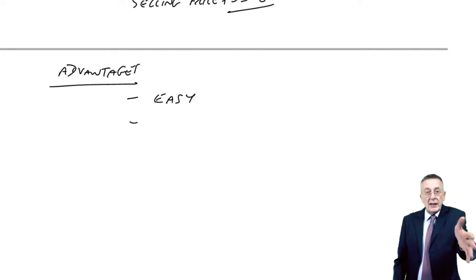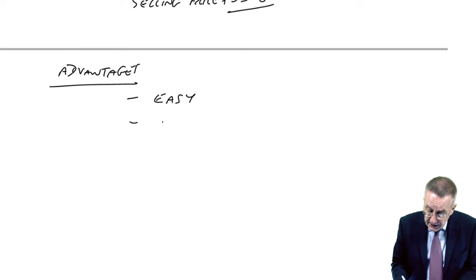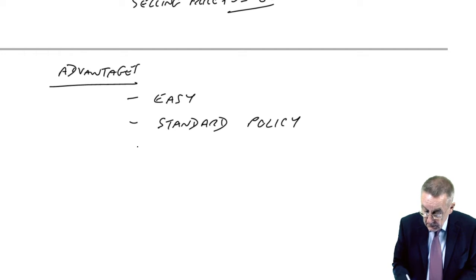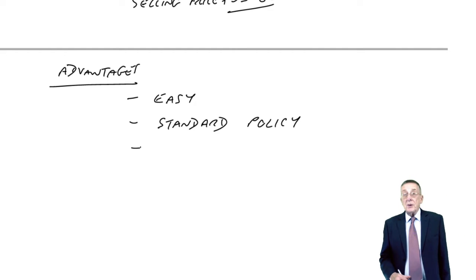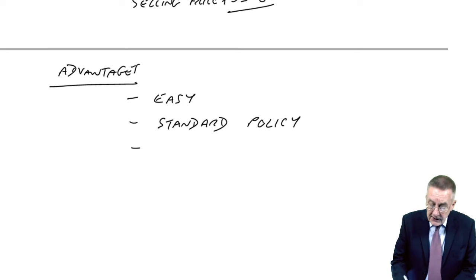All our products, work out the cost, add on 20%. You know, in that sense, easy, a standard policy. And of course, subject to something I'll say later, it does guarantee a profit.